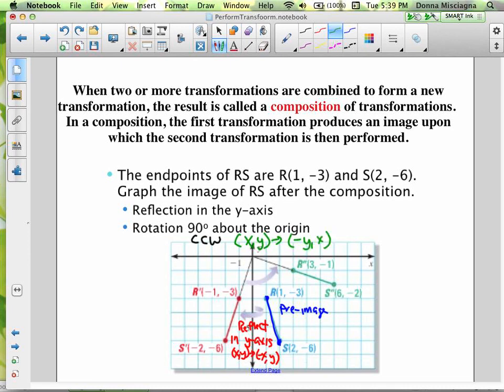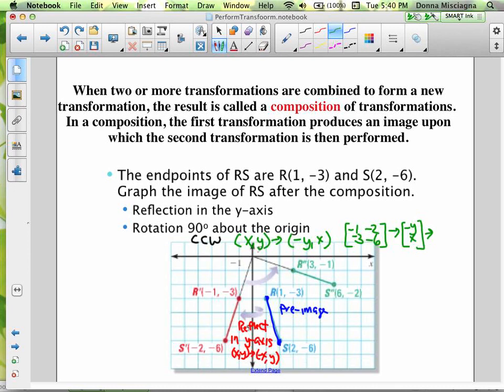It's always good to use a matrix to organize your points, especially on multiple transformations. I'm going to show you how to do that in the next few examples. So we had (-1, -3) and (-2, -6). We're going to apply (-y, x), which means we switch and change the sign of the first one.